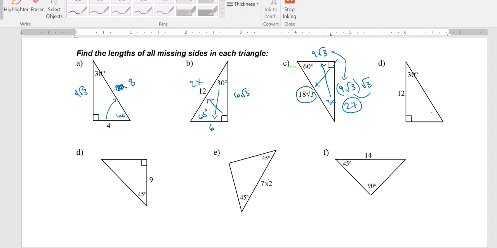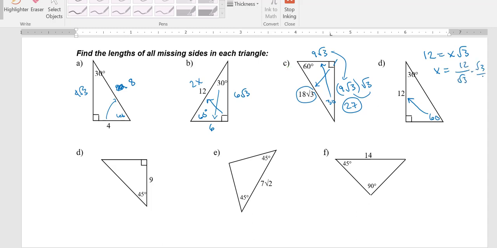All right, this is where it gets a little bit trickier. The side opposite the 60 is now 12. Now keep in mind that 12 is the x times the square root of 3 side. Now I can solve for x, given that equation. So x is equal to 12 divided by the square root of 3.